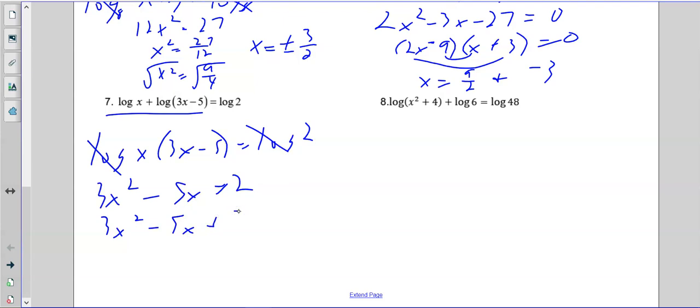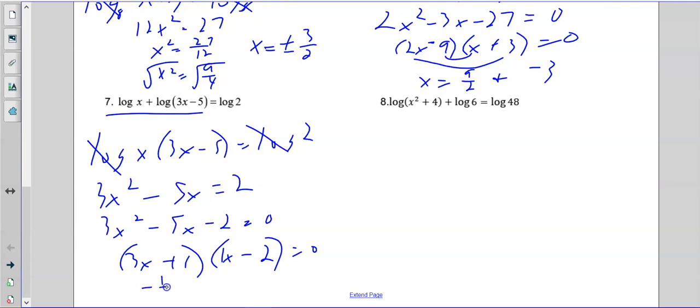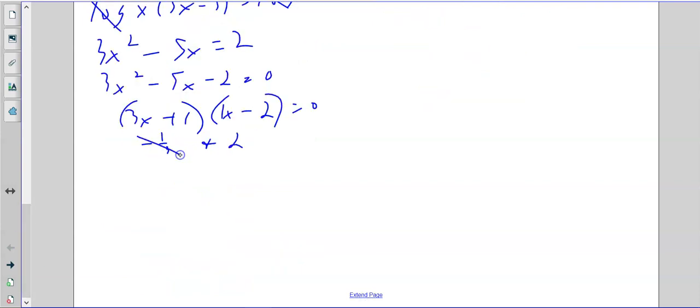It was plus 2, so it's going to be minus 2 on this side. And then we need to factor. This has to be 3x and 1x to make 3x squared. And guess and check ends up being 1 and 2, plus here, minus here. So we have negative 1 over 3 and 2. But this one's extraneous.